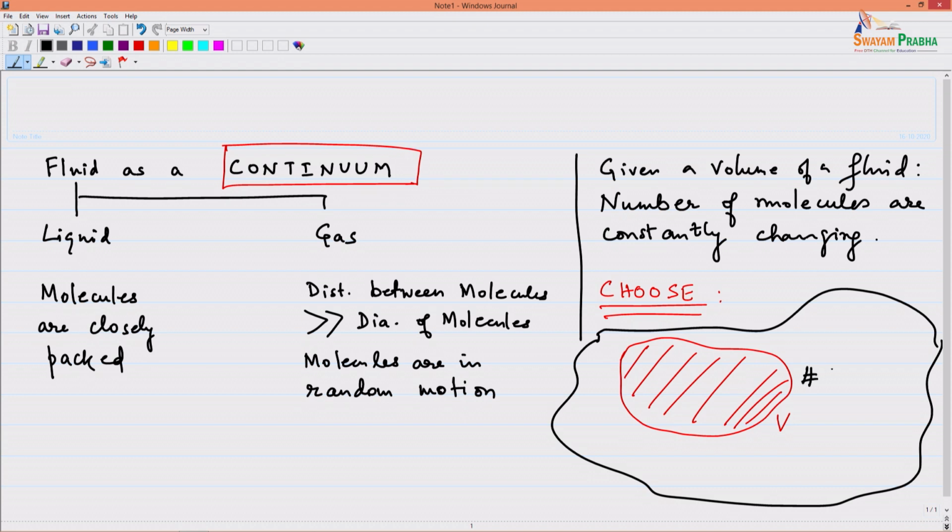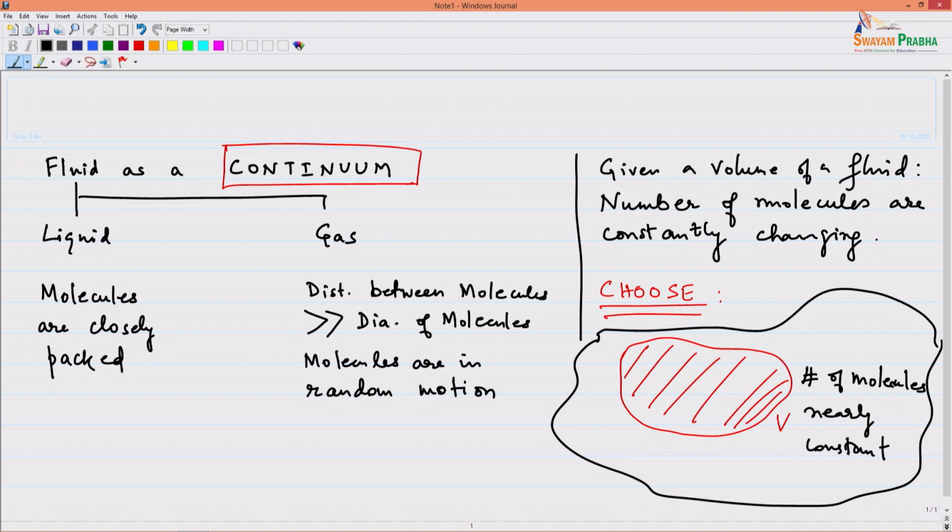So, that is the sort of volume that I am defining. Let us talk a little more about this volume.